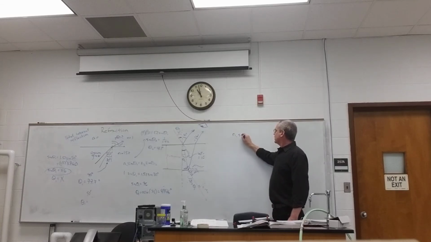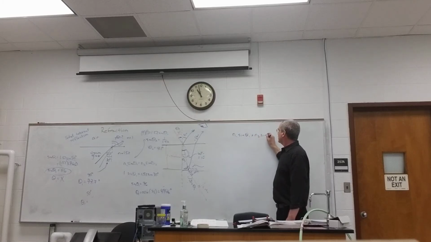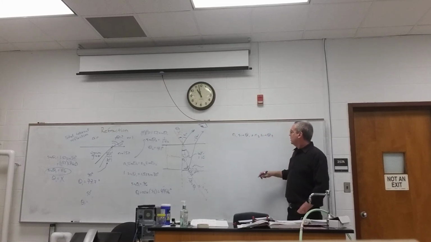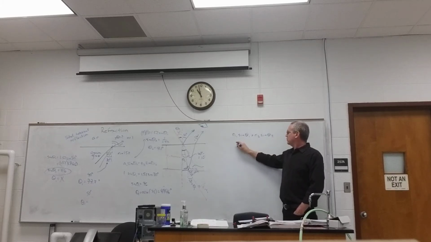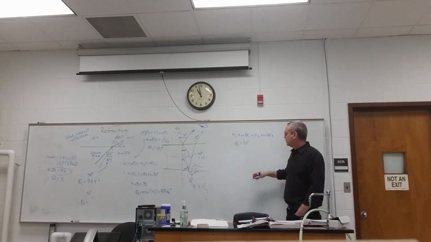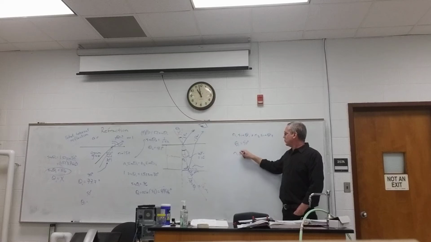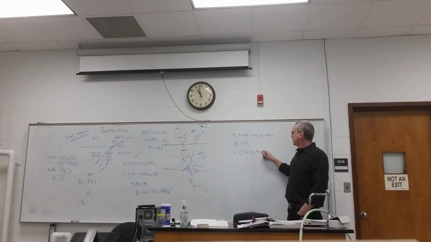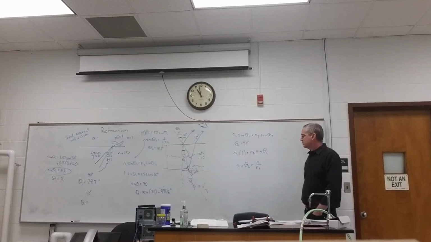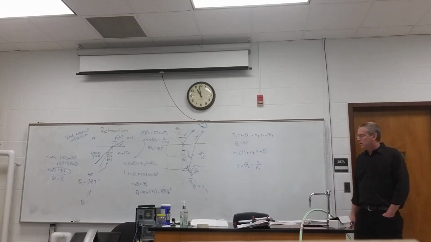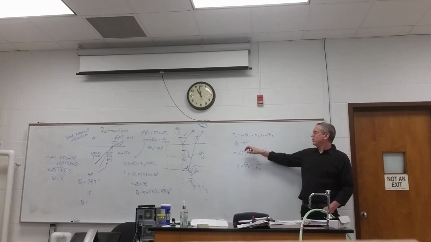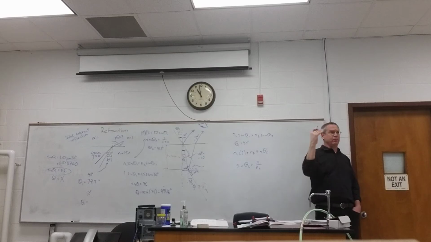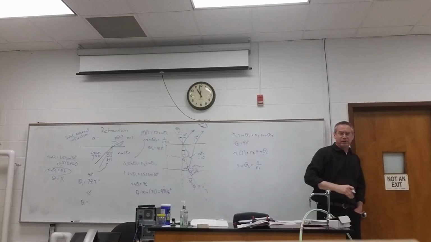We have n1 sine theta 1 equals n2 sine theta 2. Given our notation before, theta 1 is 90 degrees. This is that point, that refraction there. So I have n1 times 1 equals n2 times sine of this critical angle. And so sine of the critical angle is equal to n1 over n2. This builds in the assumption that theta 1 is equal to 90 degrees, that the light hits the surface and then basically shoots along the surface itself.